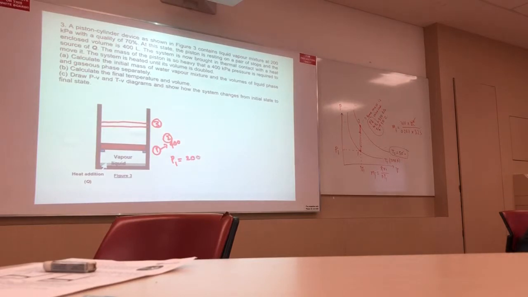P1 is 200 kilopascal. P2 at that point is 400 kilopascal. And what is P3? Also 400 kilopascal, because 1 to 2 is a constant volume process and 2 to 3 is a constant pressure process. Okay? This is the understanding.